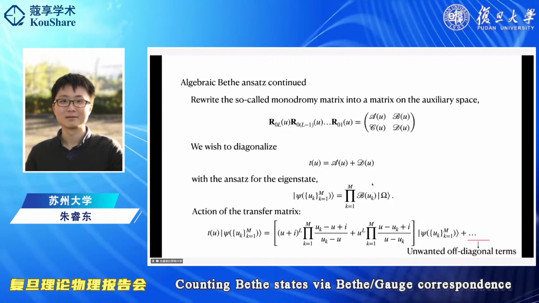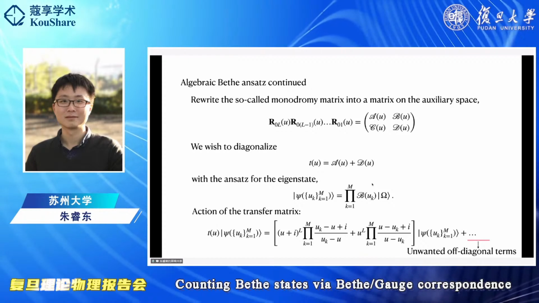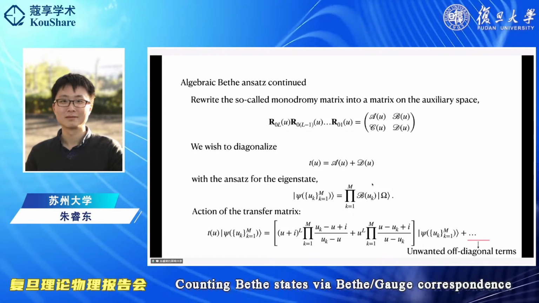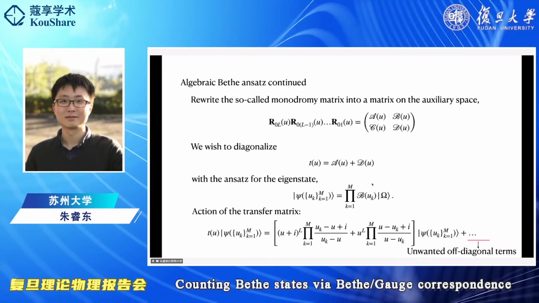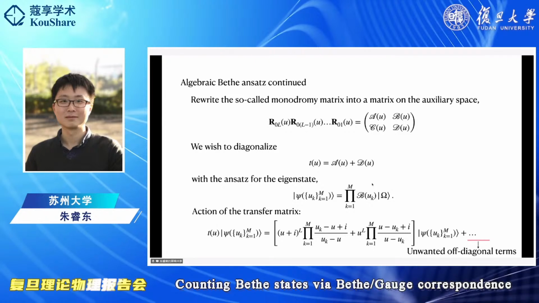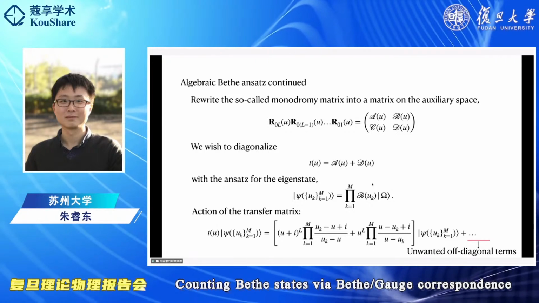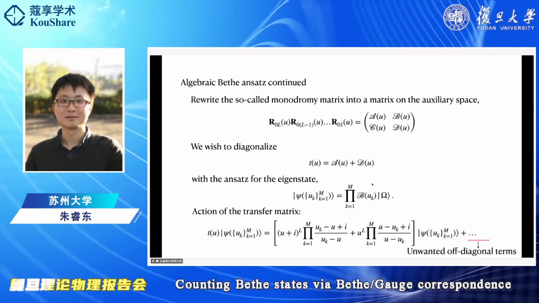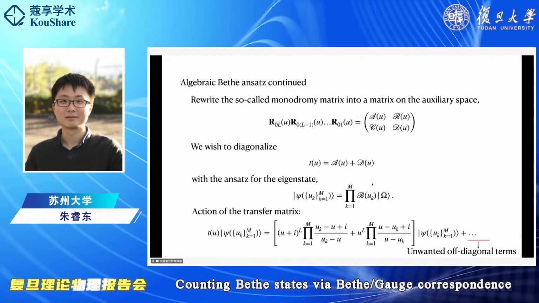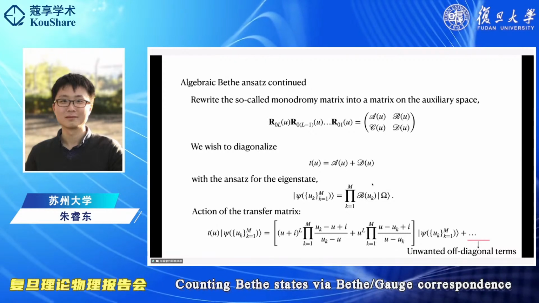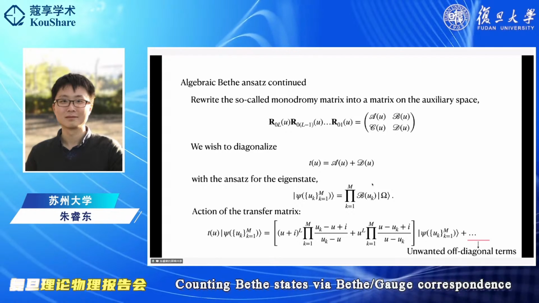And so the transfer matrix is given by taking the trace of that operator, so it is just given by A plus D. And then the ansatz we wish to put, which is actually the same ansatz Bethe proposed, is that we first start from some ground state, and then we act with B. B looks like a raising operator in the system.